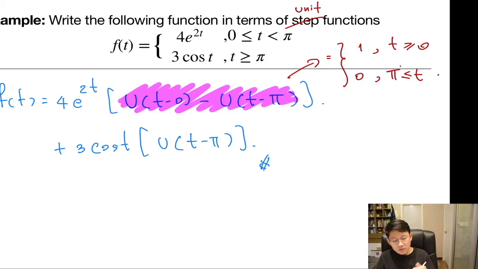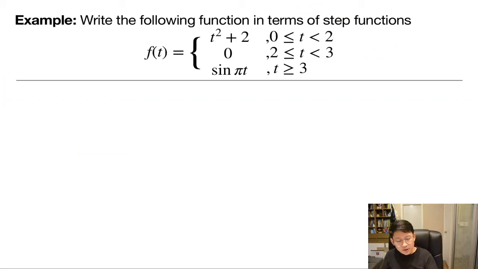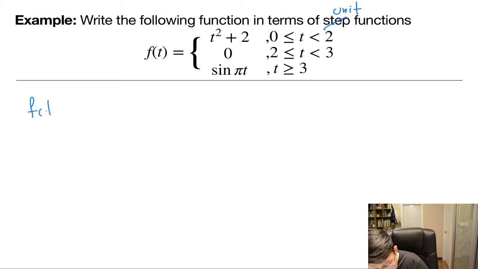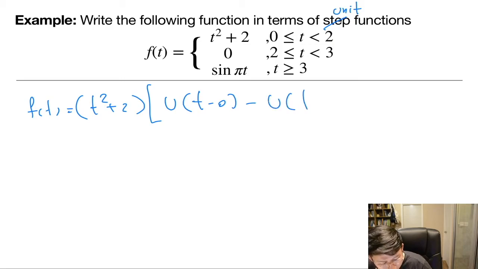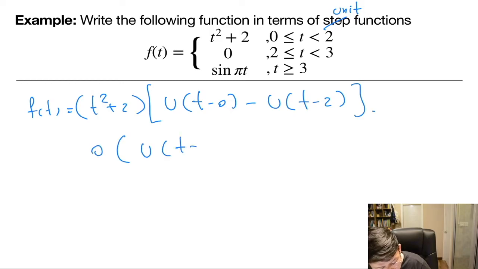Next example. Write down the following function in terms of unit functions. So f(t) would be (t² + 2) times [u(t − 0) − u(t − 2)], and then 0 times [u(t − 2) − u(t − 3)].